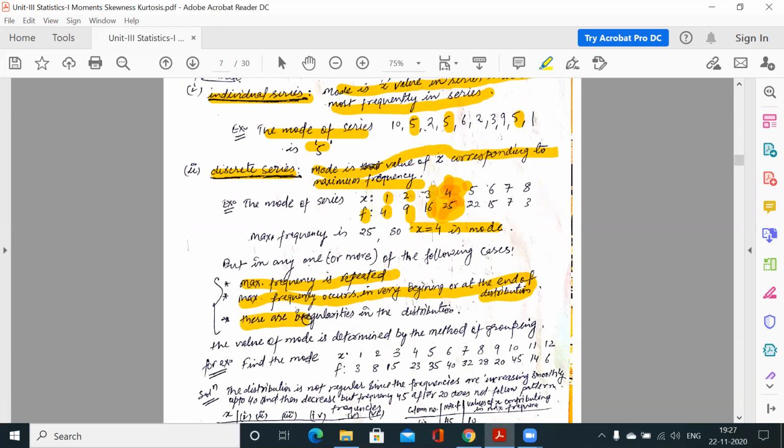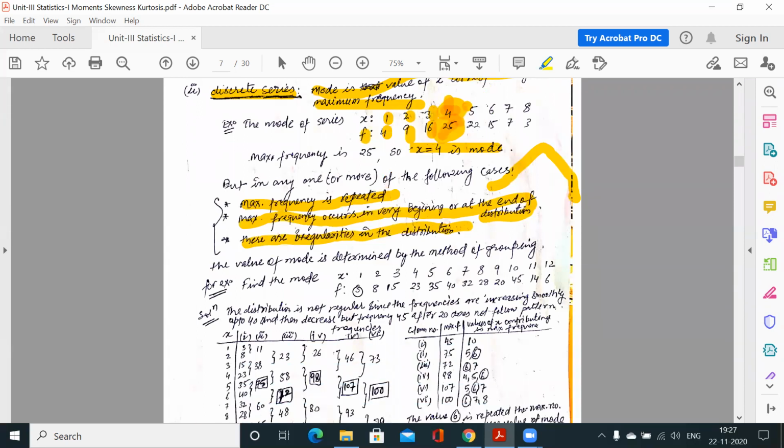And the third case is when there are irregularities in the distribution. For example, in the frequency distribution 4, 9, 16, 25, 22, 15, 7, 3, first it is increasing up to 25, then decreasing to 3. So these are regular frequencies.